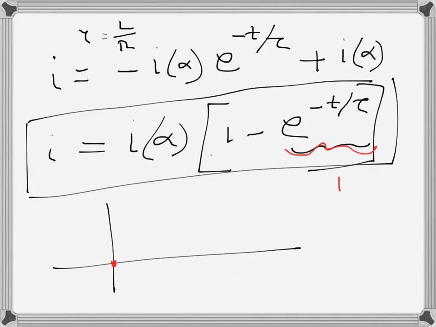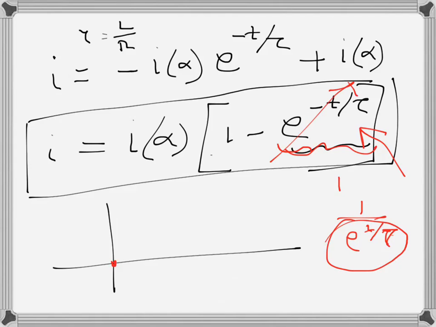When t is equal to infinity, the exponential has a very large denominator, so 1 over infinity is 0, and this part becomes 0, leaving I infinity. So initially this is 0, and it will be an exponentially rising situation, of this form when the inductive current is 0 at t equal to 0.